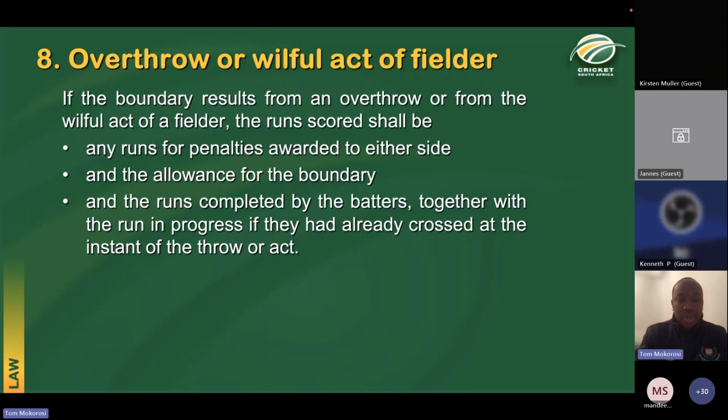Okay, so we're going to watch a video of the 2019 World Cup 50 over final between England and New Zealand, where there was a very lively situation involving Ben Stokes and overthrows. This will take us through the law as well as how we should count the runs.